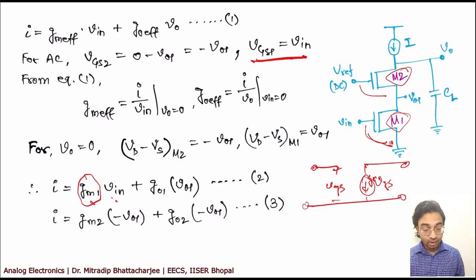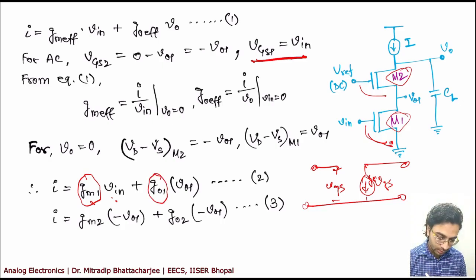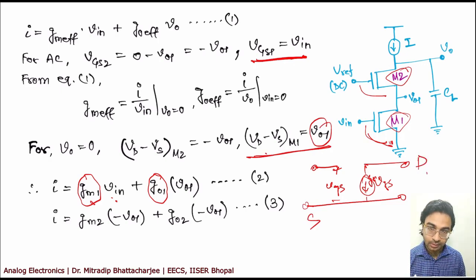Plus, on the output side, similarly, GO1 into V01. Why? You can see for M1, this is a common source configuration, so your DS value is the output. So your VDS AC value is V01. So this is the equation for M1.